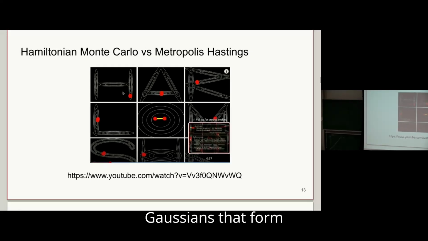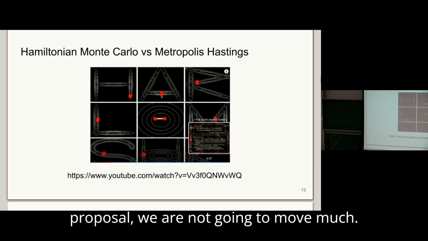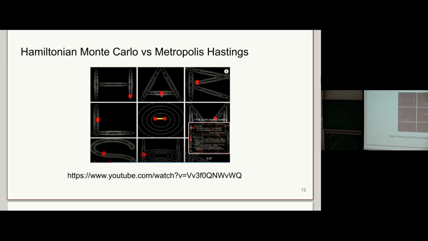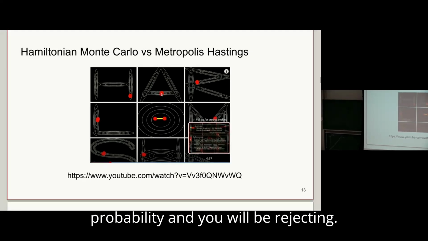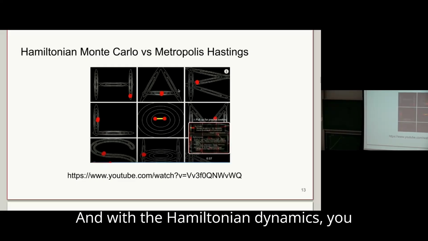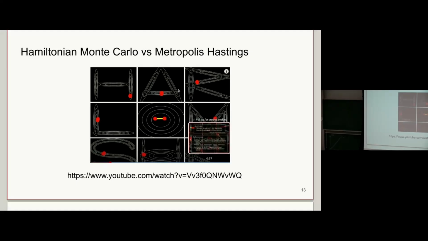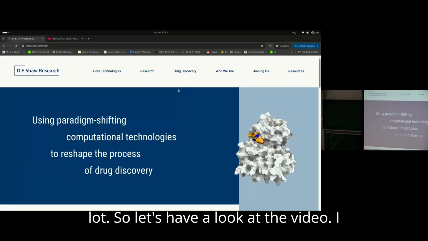They're kind of Gaussians that form these letters. With the random walk Gaussian proposal, we are not going to move much, because if you want to make large steps, you will move into regions of low probability and you will be rejecting. And with the Hamiltonian dynamics, you can move much faster, okay? When the music changes, you'll see the Hamiltonian dynamics and the samples are moving quite a lot. So let's have a look at the video.